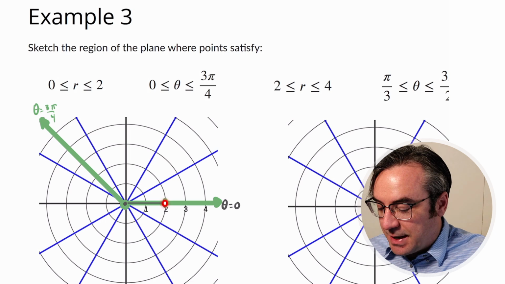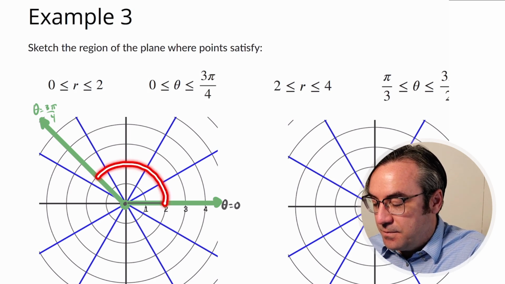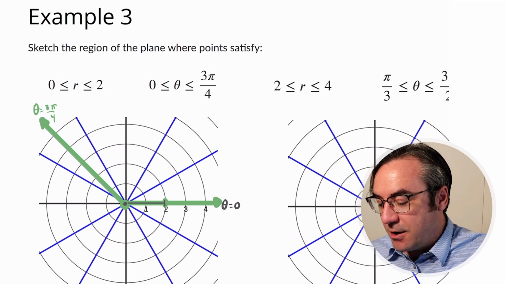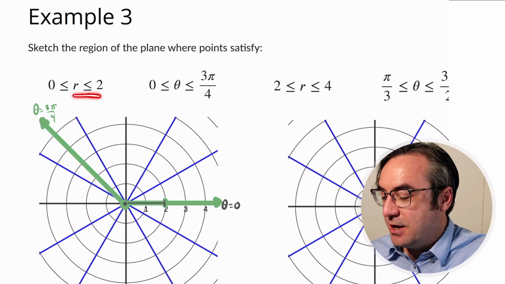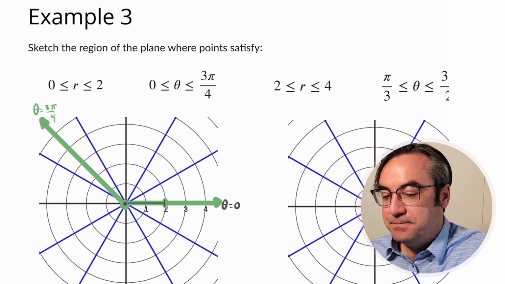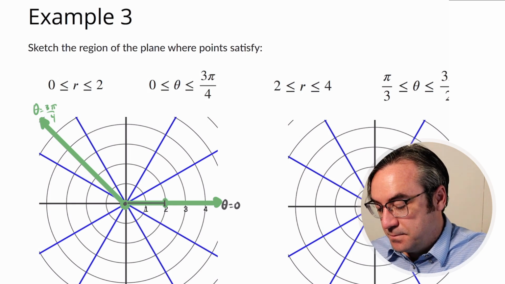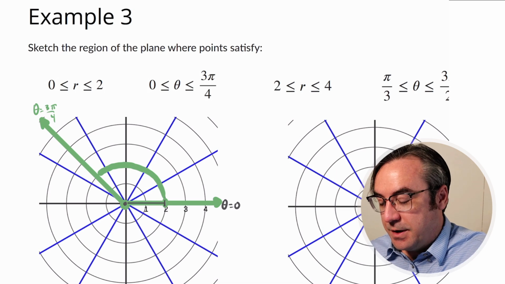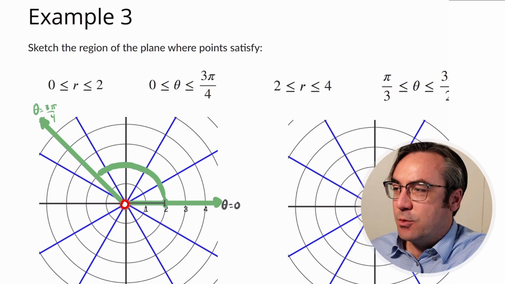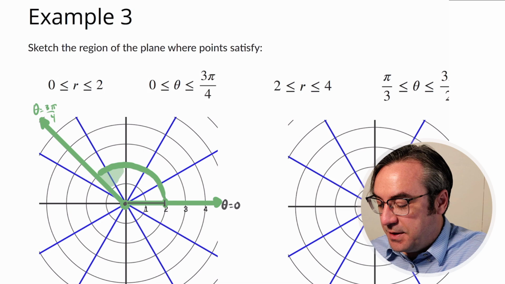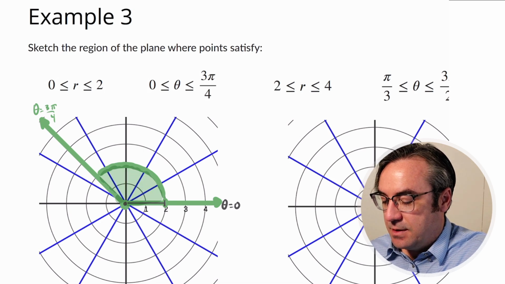When we trace this around, the r equals 2 section traces out the outer edge. r equals 0 is just stuck at the origin. And we end up with all of these points in the middle here.